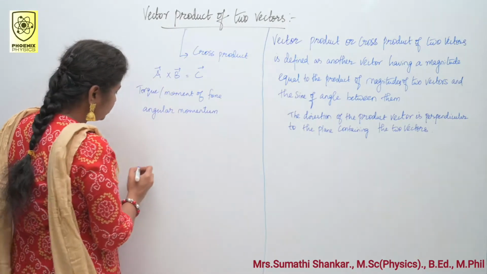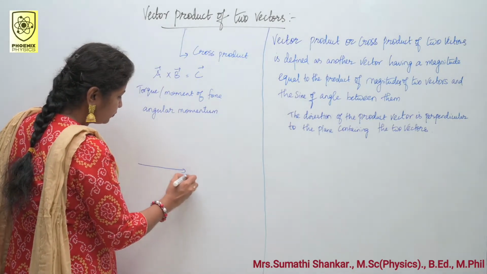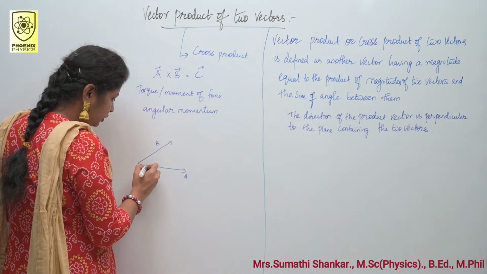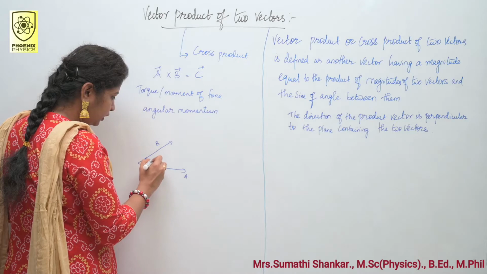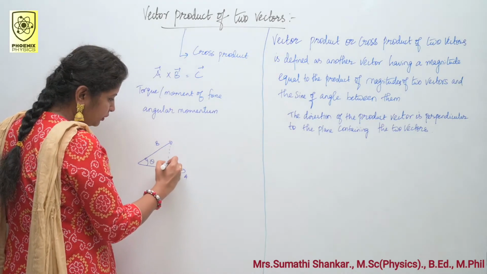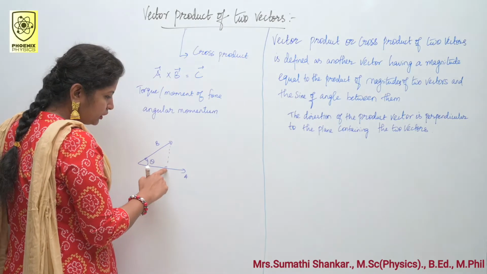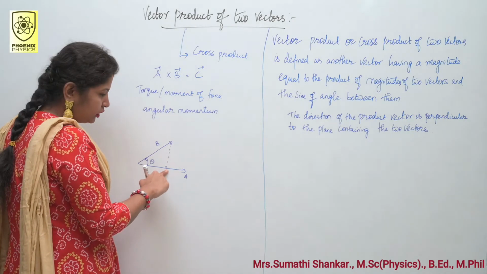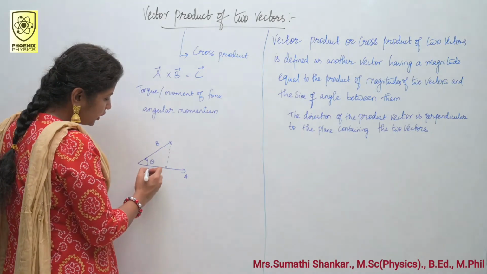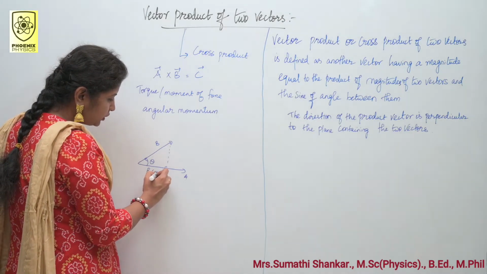Consider this is my A vector and this is my B vector. These two vectors make an angle theta. Draw one perpendicular line from B vector and this line meets at this point. B has two components. One is the horizontal component B cos theta.